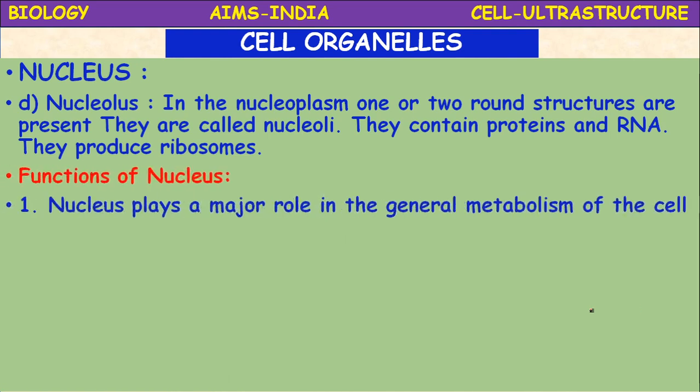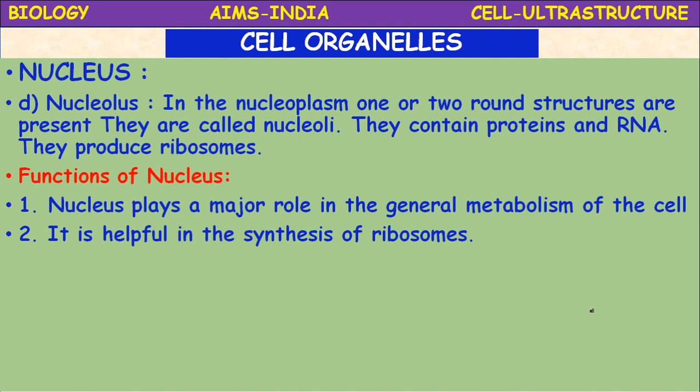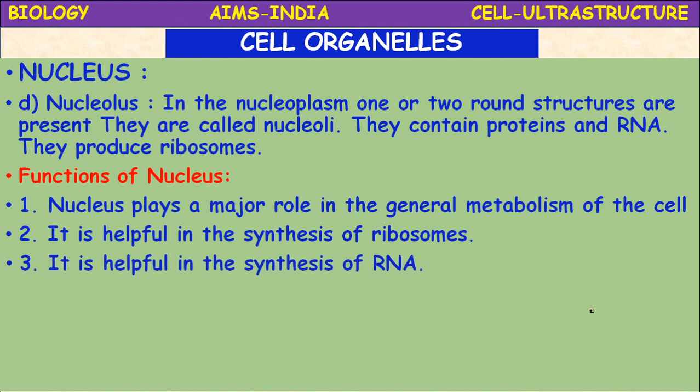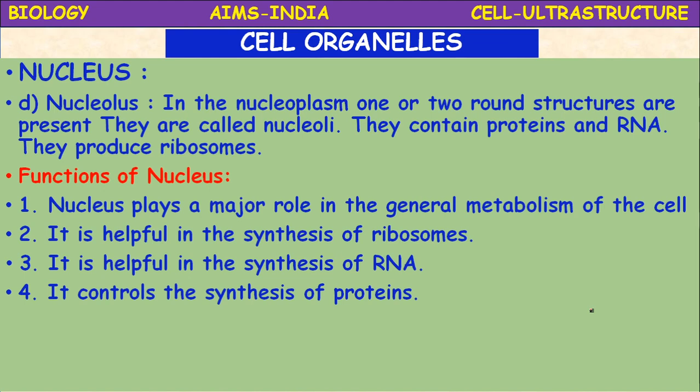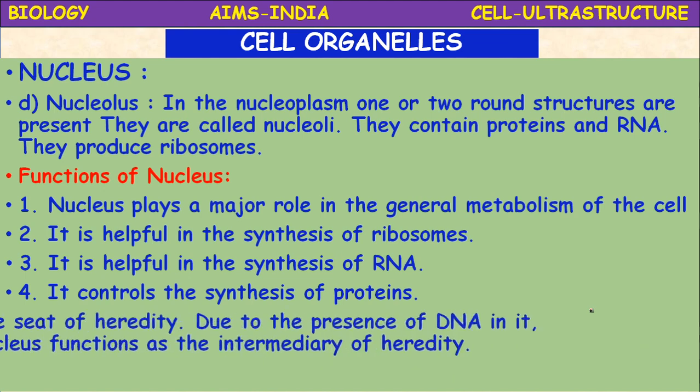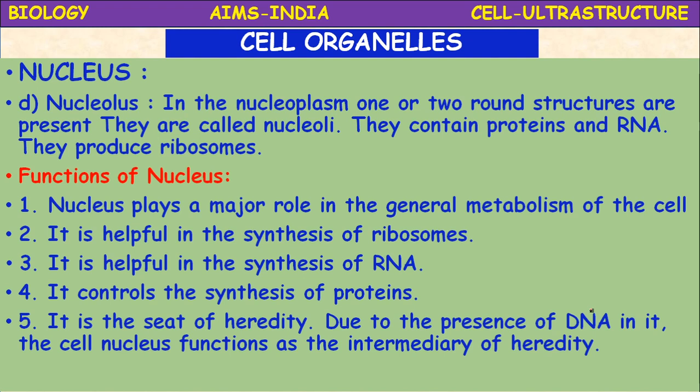The functions of the nucleus: the nucleus plays a major role in the general metabolism of the cell. It is helpful in the synthesis of ribosomes, and also in the synthesis of RNA. It controls the synthesis of proteins. It is the seat of heredity due to the presence of DNA, the genetic material in it.